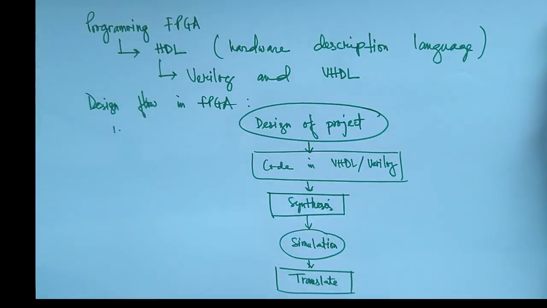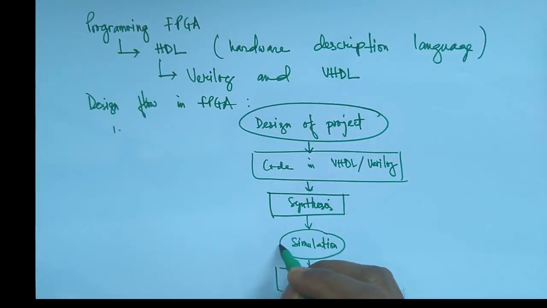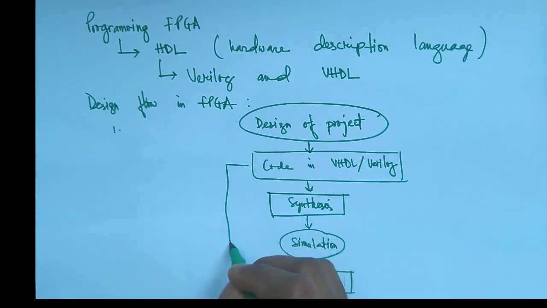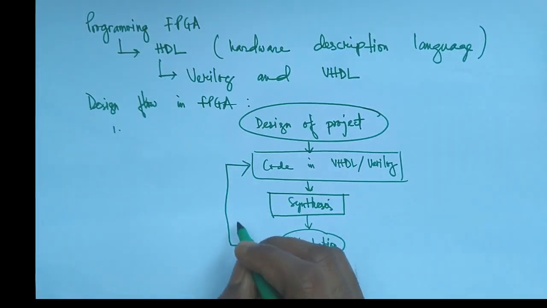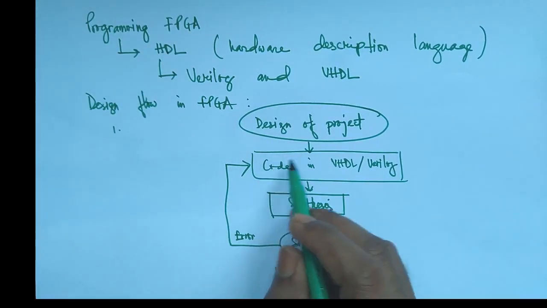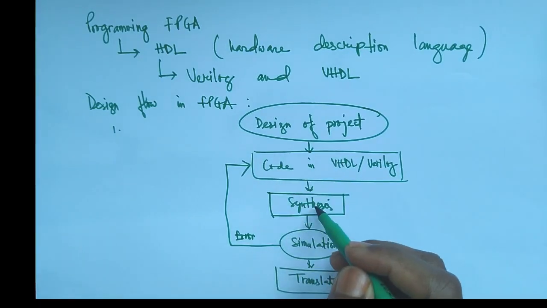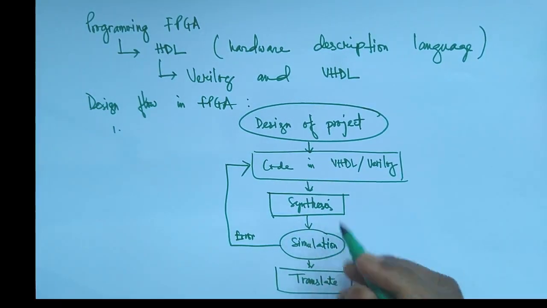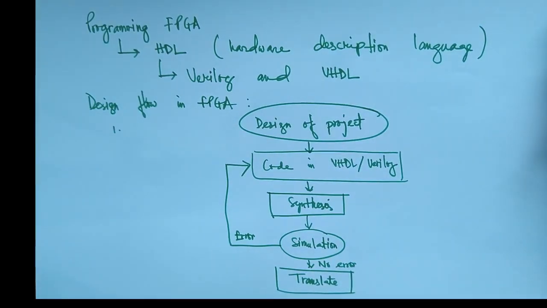Now, during simulation, if there is any error, we have to go back and rewrite the code, and then do the synthesis and then simulation again. If there is no error, we can translate.